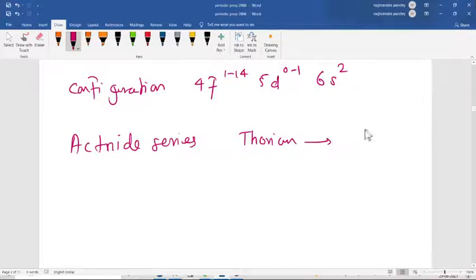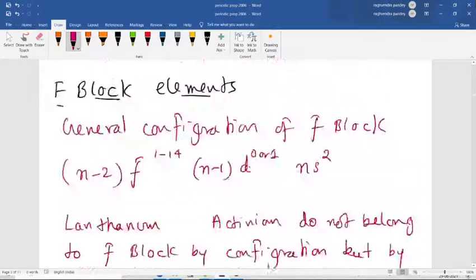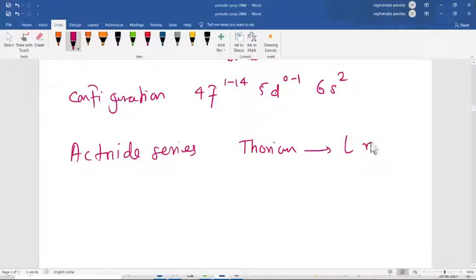Lawrencium is Lr, I forgot that. So I should write lawrencium.